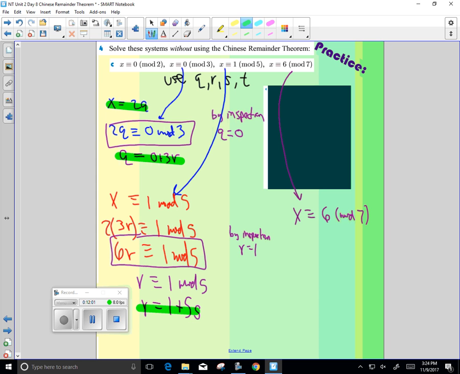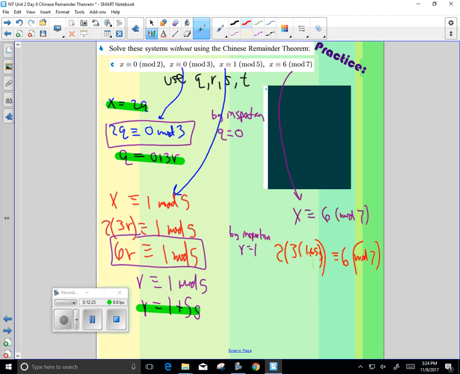And r is 1 plus 5s. So we're going to nest all of that together. x is going to be 2 times q, and q is 3 times r, and r is 1 plus 5s, congruent to 6 mod 7.